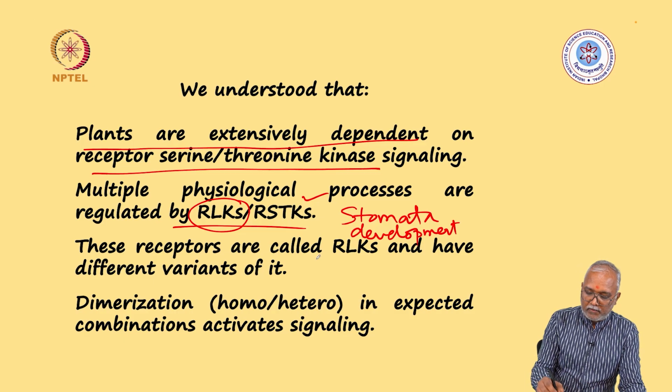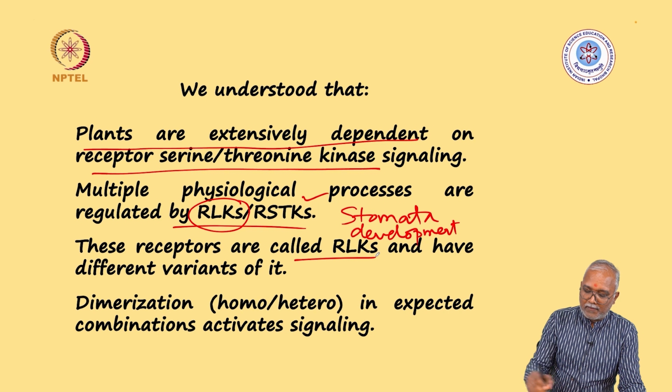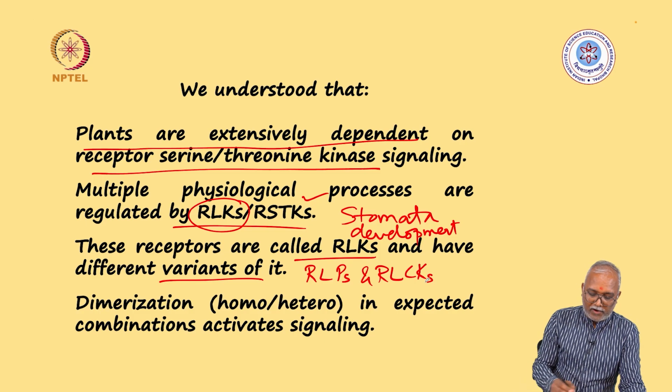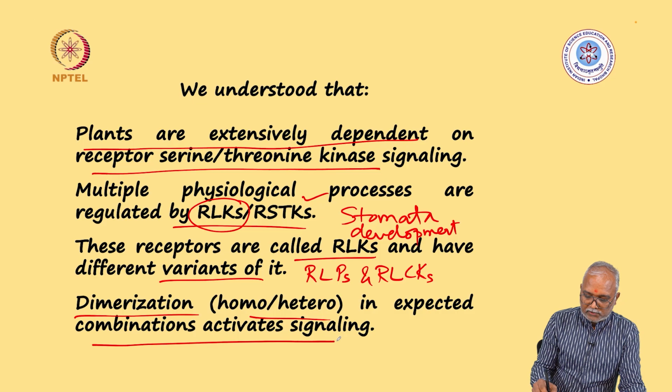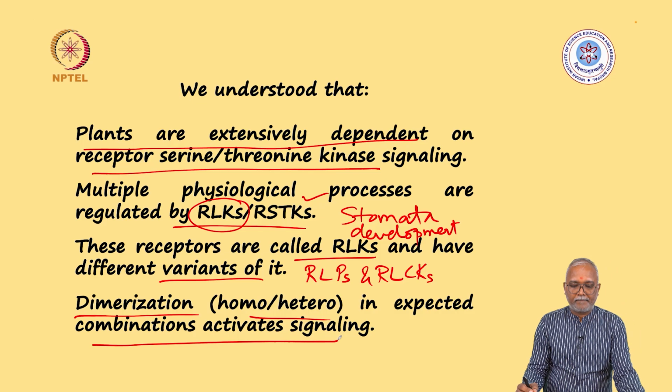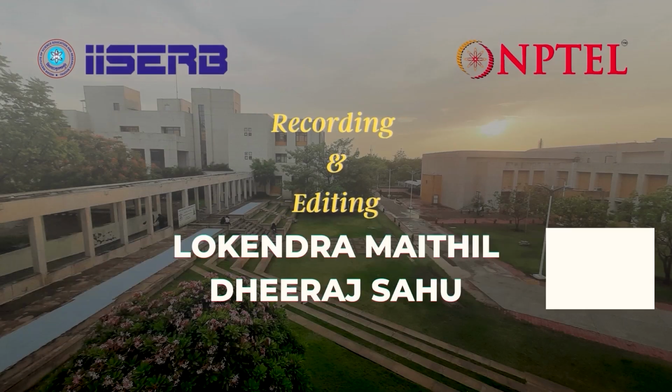There are regular receptor-like kinases and variants, such as receptor-like proteins and receptor-like cytoplasmic kinases. Further, homodimerization or heterodimerization is expected from these receptors, and particularly when they heterodimerize in the right combination, they will activate the signaling desired by the final target cell. Thank you.